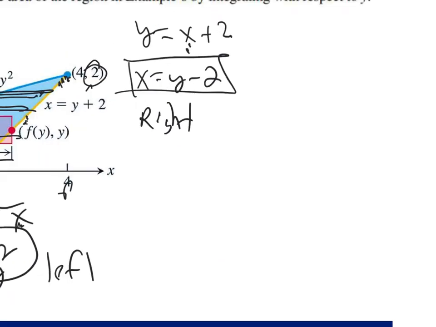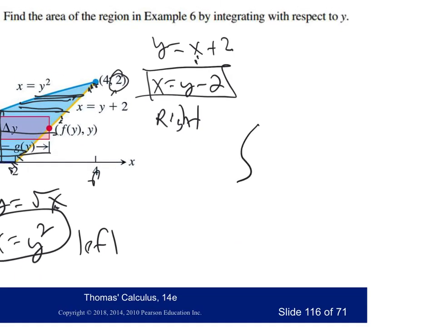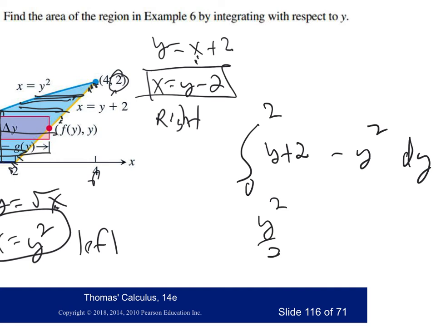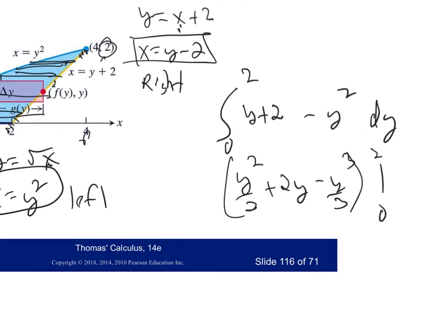So when I set this up, integrate y plus 2 minus y squared from 0 to 2. That's y squared over 2 plus 2y minus y cubed over 3. All of that from 0 to 2.